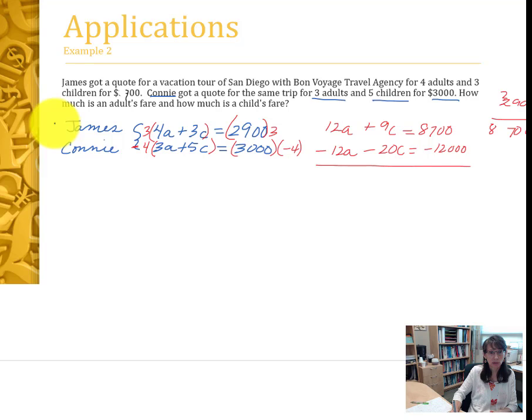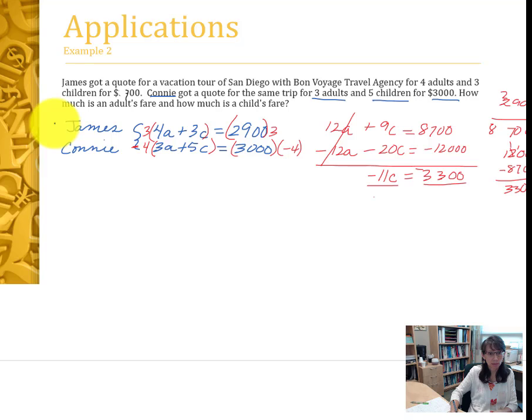So when we add these equations together, a is eliminated, and it looks like we've got negative 11c. And then we'll have to do a little subtraction off to the side here. 3,300. And since we had a negative 12,000 combined with positive 8,700, that would be a negative 3,300.